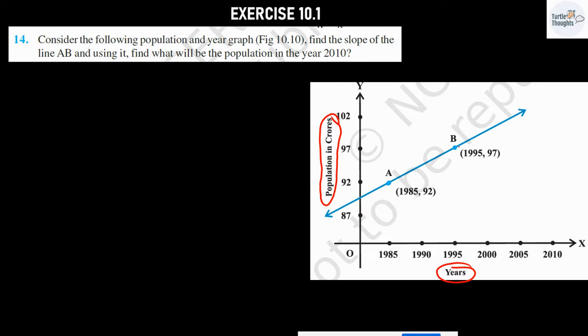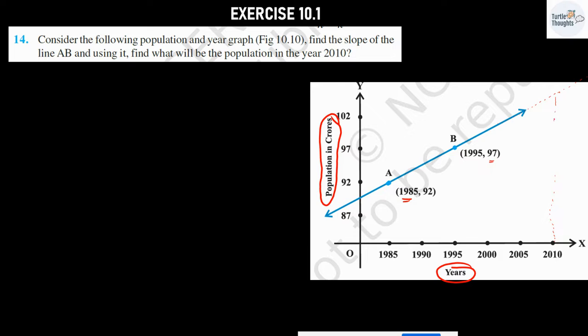If AB is a straight line, it means that at point A in the year 1985 the population was 92, and in 1995 the population was 97. Similarly, when you extend the line, what will be the population when the year is 2010?